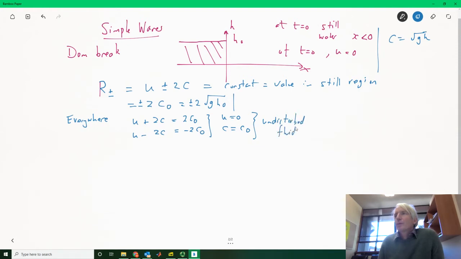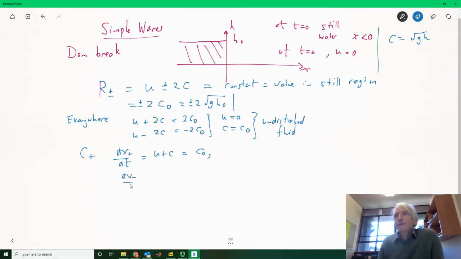Basically, if the characteristics that start in this region ever meet, then we're going to have this undisturbed fluid. And let's have a look at the equations of the characteristics. So the c plus is given by dx over dt is equal to u plus c, which if we're in this region, u is equal to 0, c is equal to c0, so it's a straight line with slope c0.